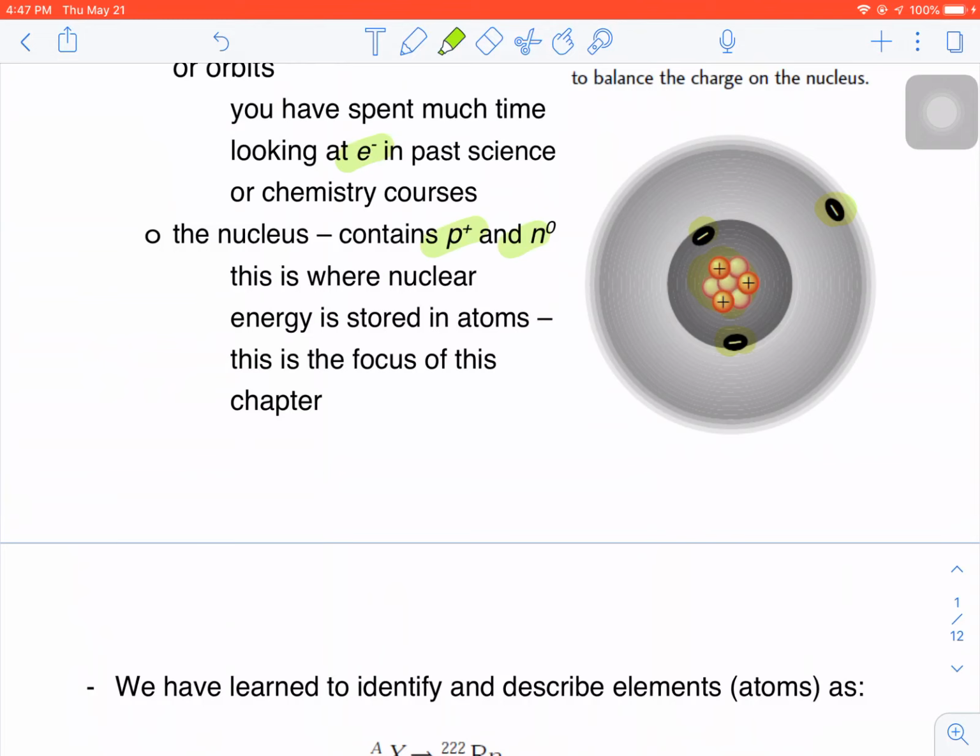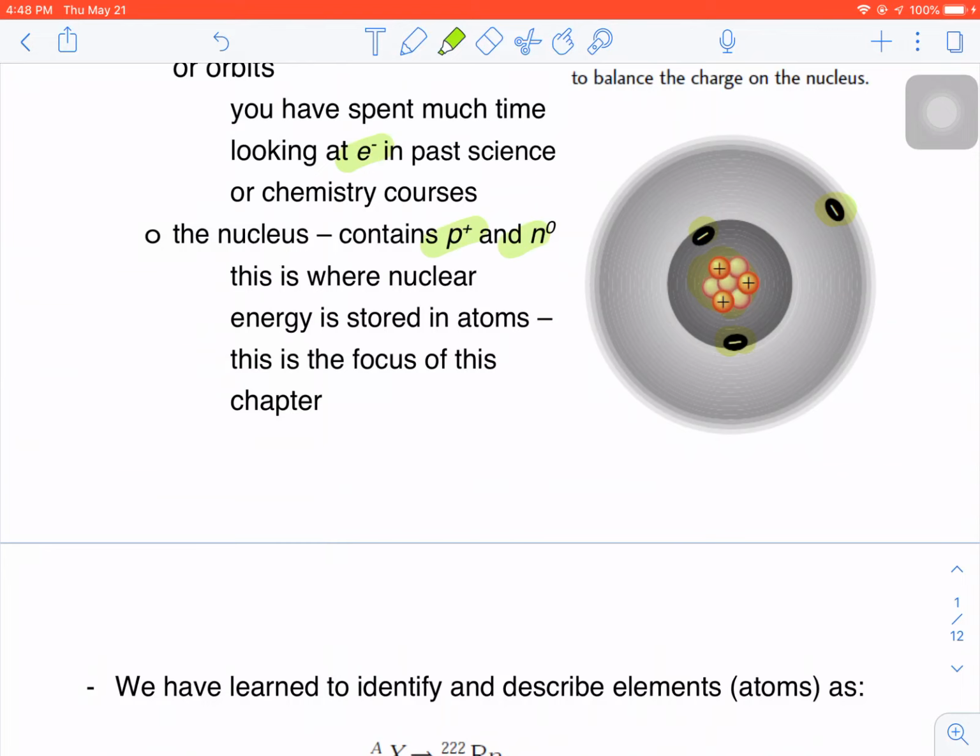And again, it's not as simple as that, but that's basically the essence. The negative electrons are held in the atom by the positive nucleus. So the question then becomes, why do the positives stay bound together inside the nucleus, right? Why don't they basically explode? Because all these pluses don't like other pluses.